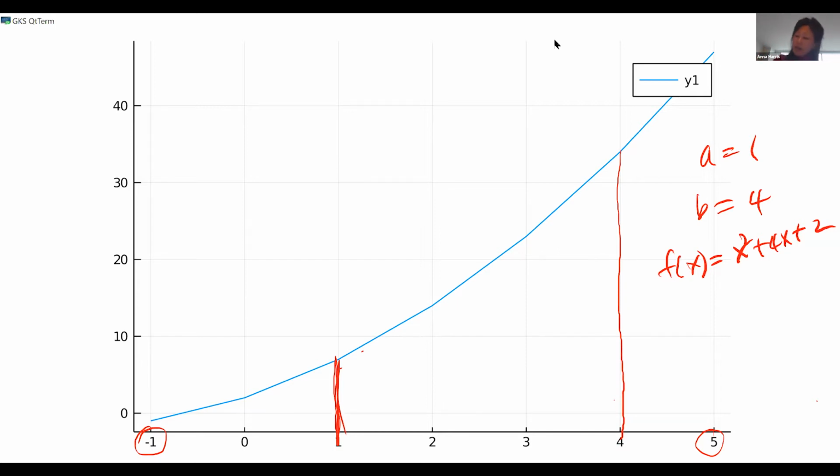Another thing, I need to say my n, my number of rectangles, to be, say, 4. In that case, I need to draw 4 rectangles.